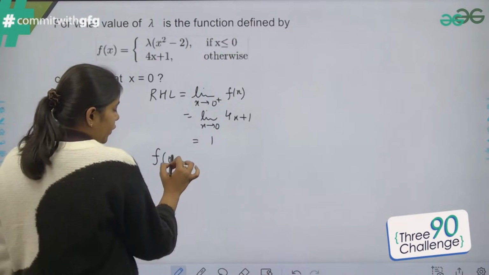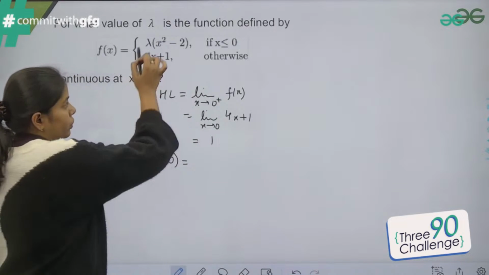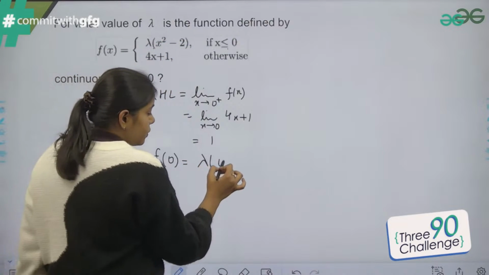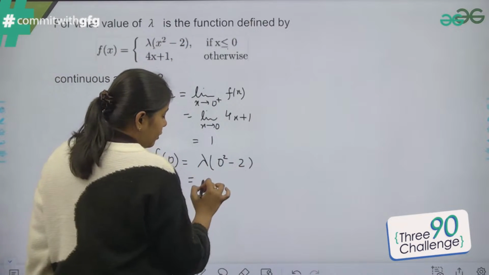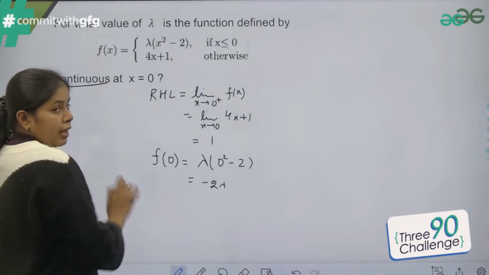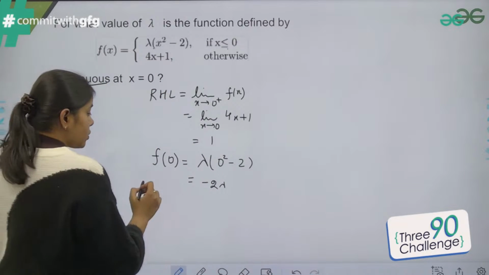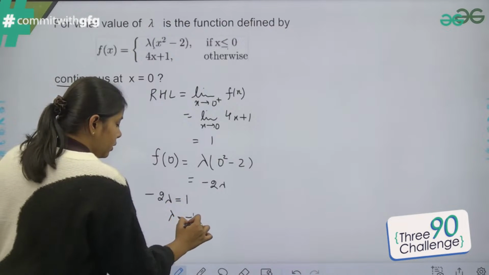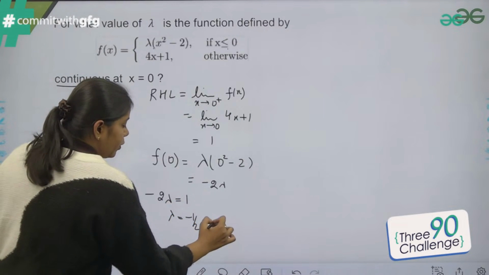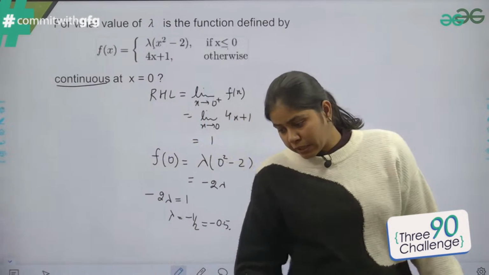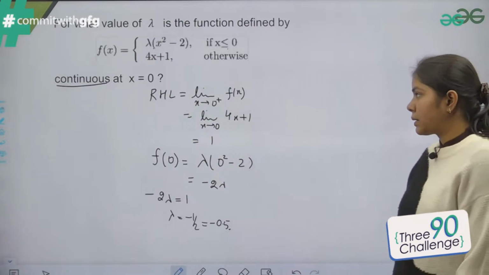Now the function's value at x equals 0 is lambda into 0 square minus 2, so I'll get minus 2 lambda. Because the function is continuous, minus 2 lambda equals 1, so lambda equals minus 1 by 2, that is minus 0.5. Right, Martha? Minus 1 by 2 is the correct answer.